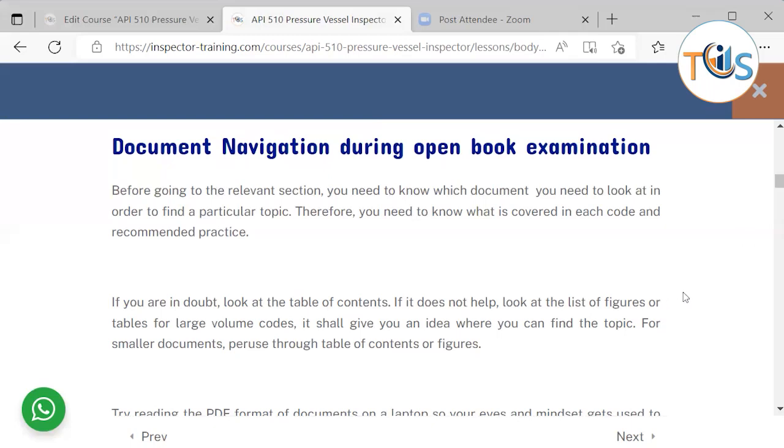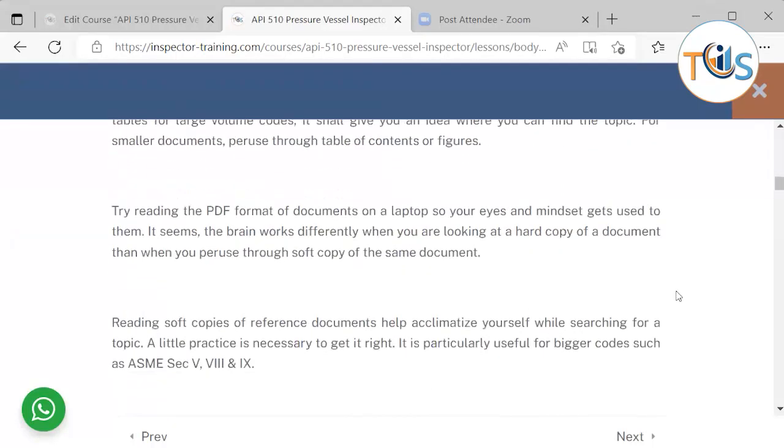If you still can't find them, just make a note of the question number and jump to the next question. You just don't have too much time to waste on that. There might be a lot of other questions that are easier to solve, and at the end, if there is enough time, you can always come back to that question and look for it. So you need to manage your time.